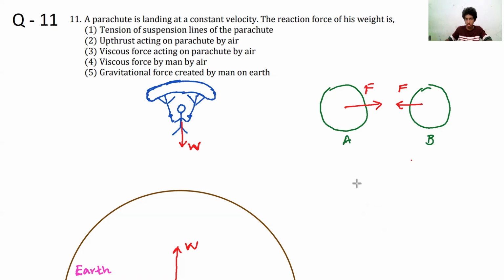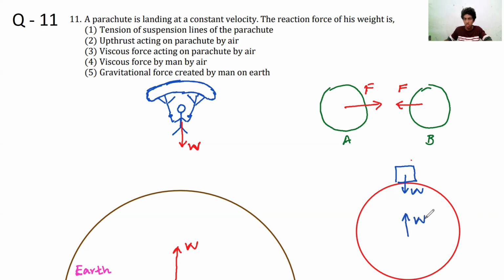So consider this as the earth and this as an object on the earth, and this is the weight of the object. So the reaction force of the weight of any object on earth, whether it is stuck in the earth or not, will be the gravitational force created by that object on the earth.